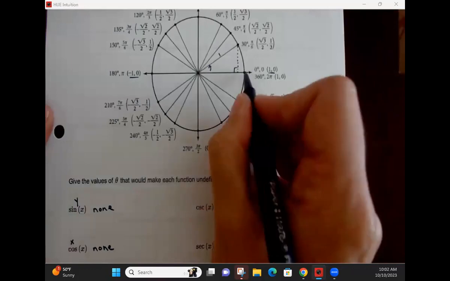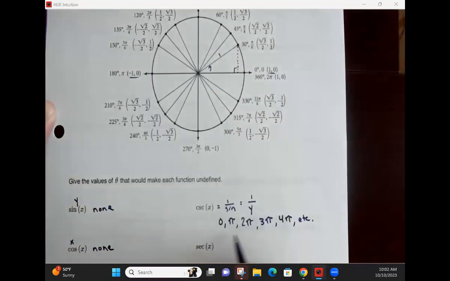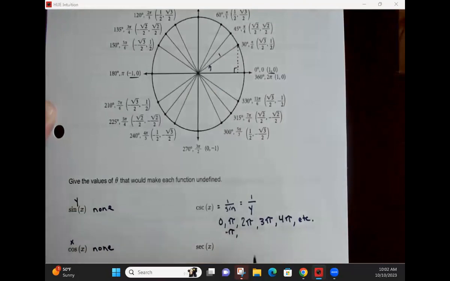We could also have our clockwise rotation. So at negative pi, negative 2 pi, negative 3 pi, negative 4 pi. They repeat, but there are lots of places where cosecant is undefined.